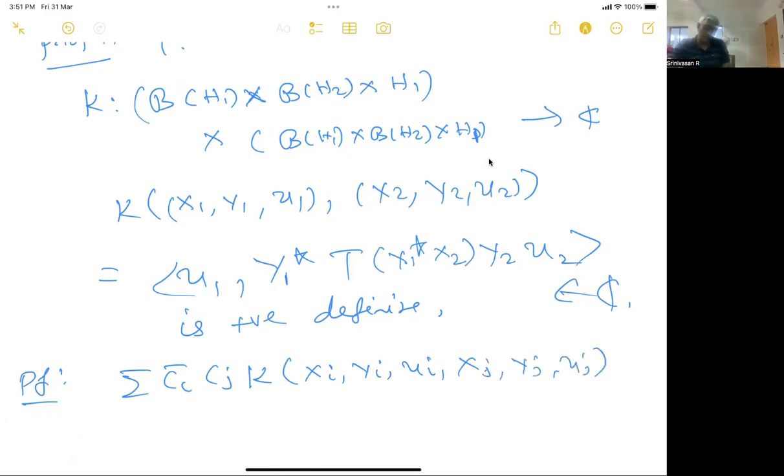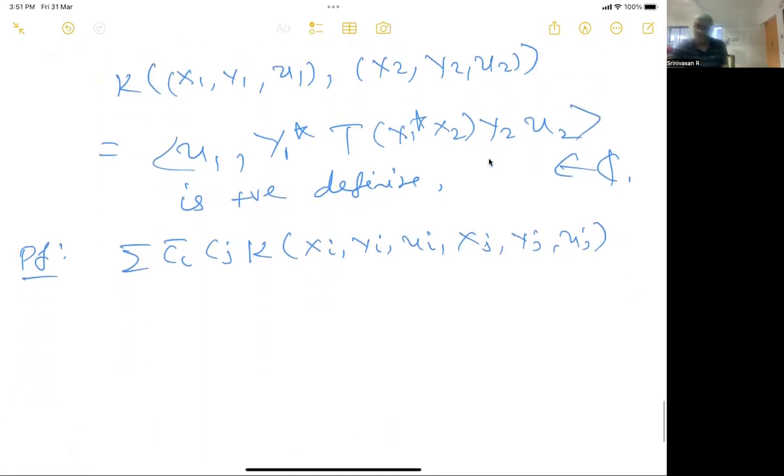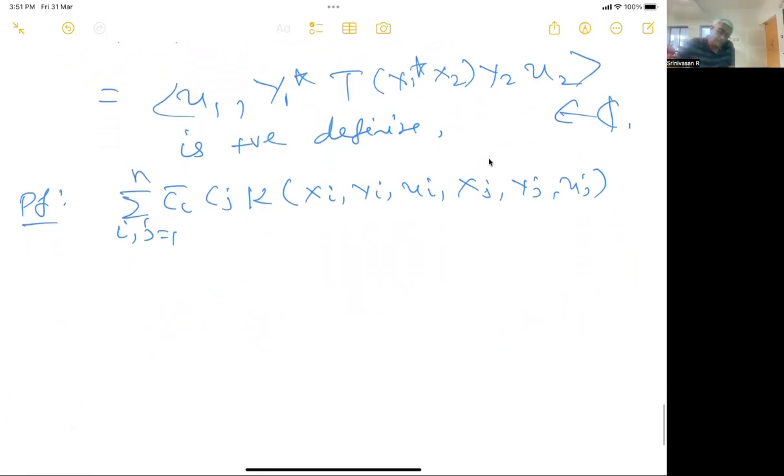You have to show that this is positive, right? For any c_1 up to c_n, any x_1 up to x_n, y_1 up to y_n, u_1 up to u_n, we have to show that this is positive, for i, j equal to 1 to n. So this is positive, we have to show.